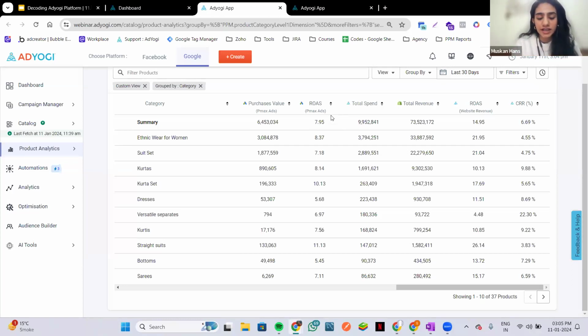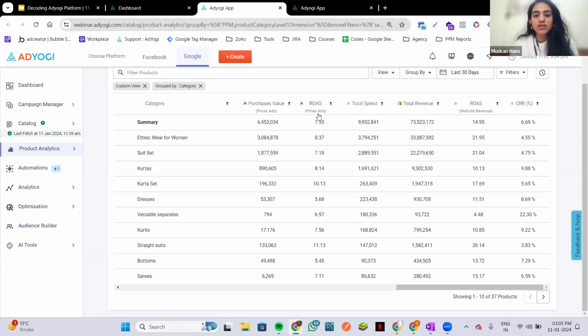from the left-hand side, we have the ROAS from PMAX ads, which basically gives you an understanding of what your return from ad spend is, solely from your PMAX ads on Google. So this is the difference between these two ROAS on the product analytics page, and we have ROAS from your Facebook catalog ads as well.